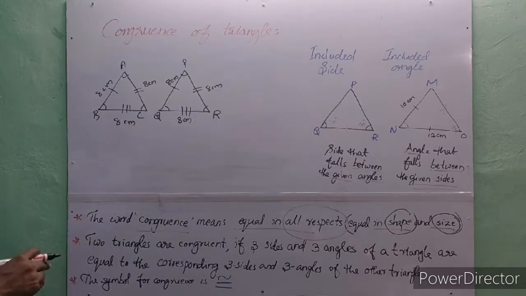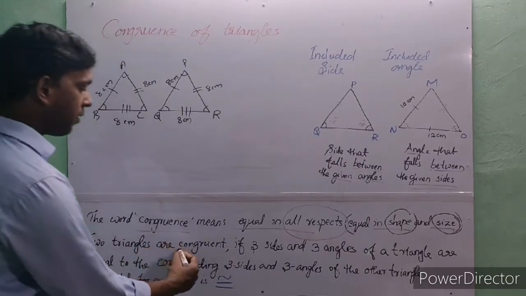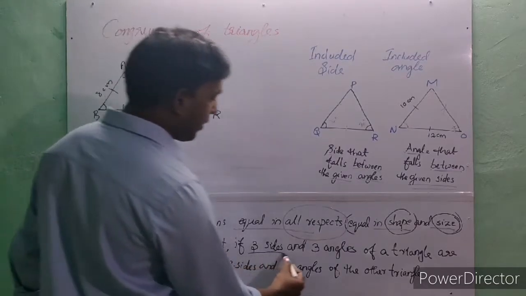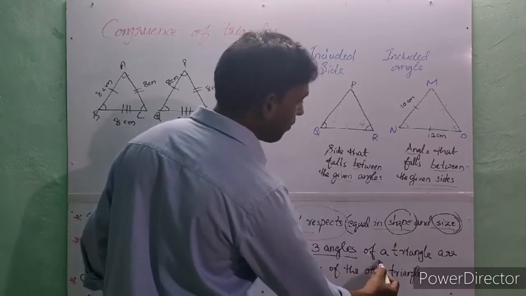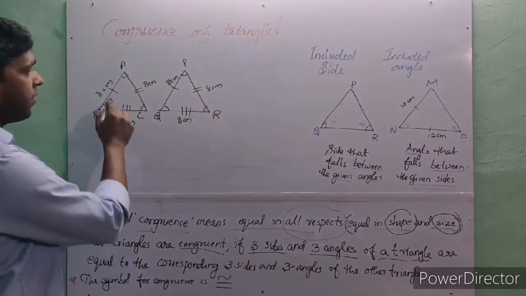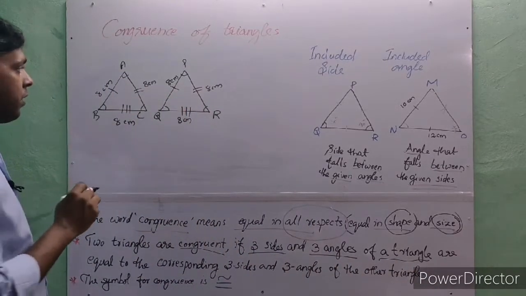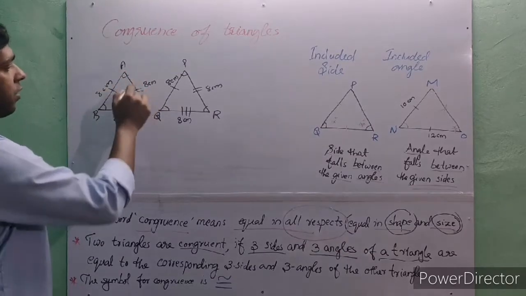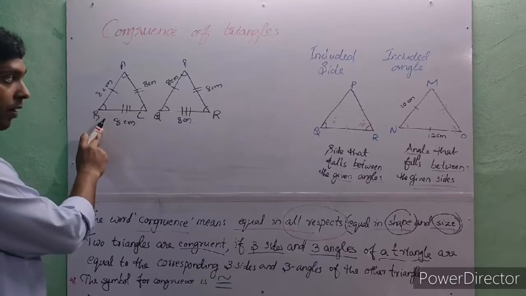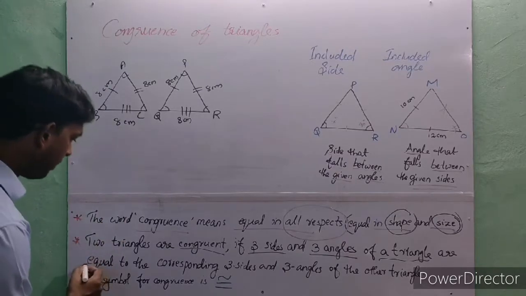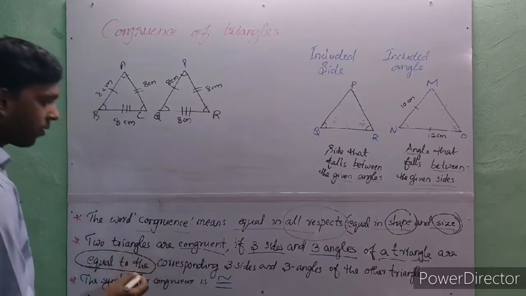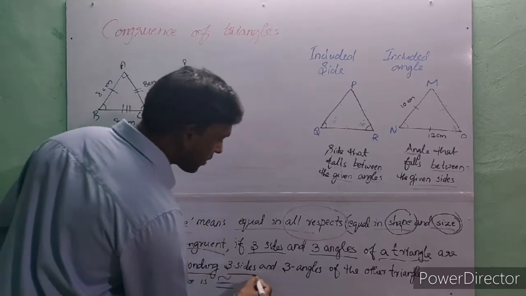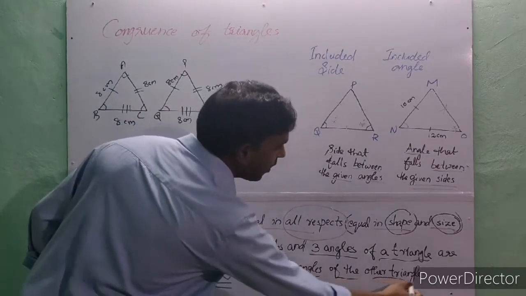So two triangles are congruent if three sides and three angles of triangle ABC are equal to the corresponding three sides and angles of the other.